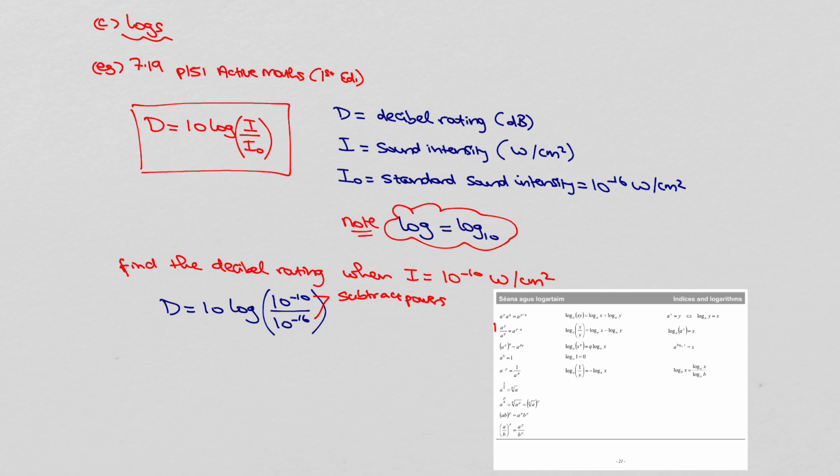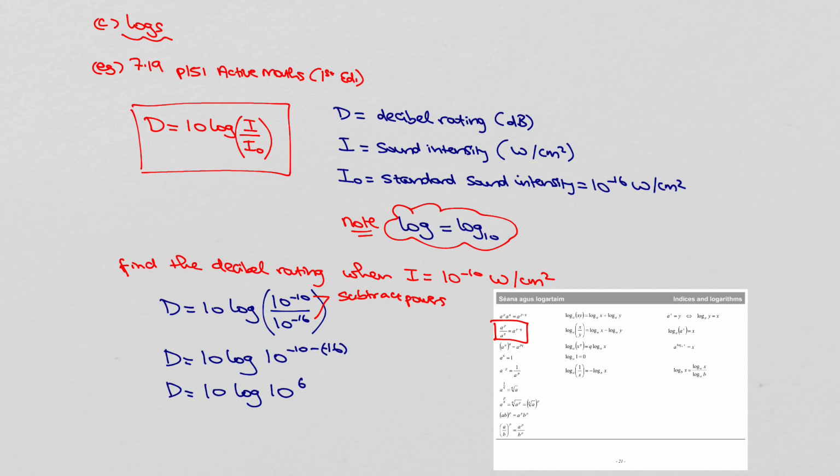And this is, of course, the second rule down on page 21. So that's 10 log 10 to the power of minus 10 minus minus 16. And of course, that's basically 10 log 10 to the power of minus 10 plus 16, which is power of 6.